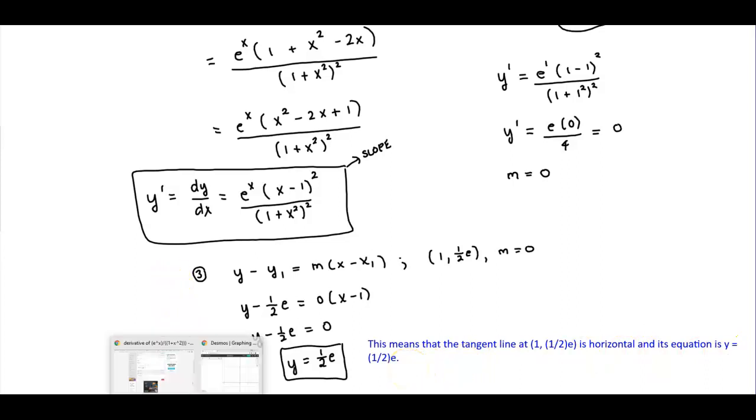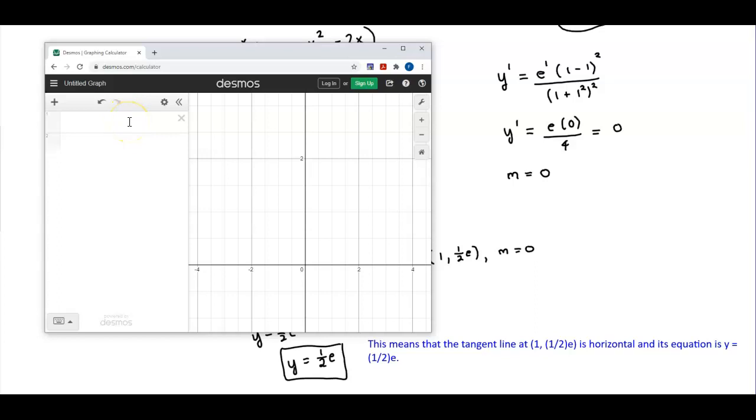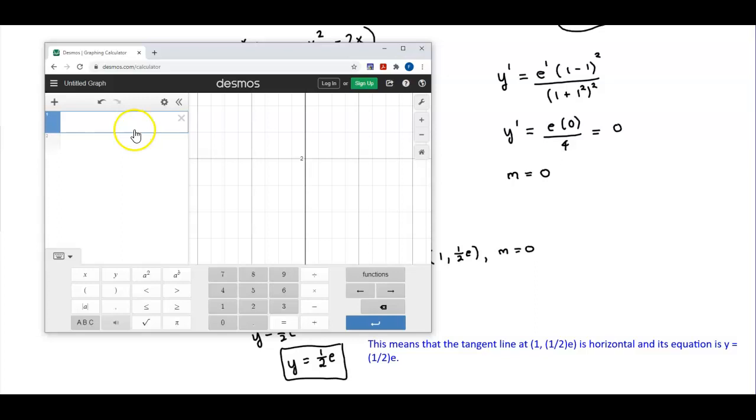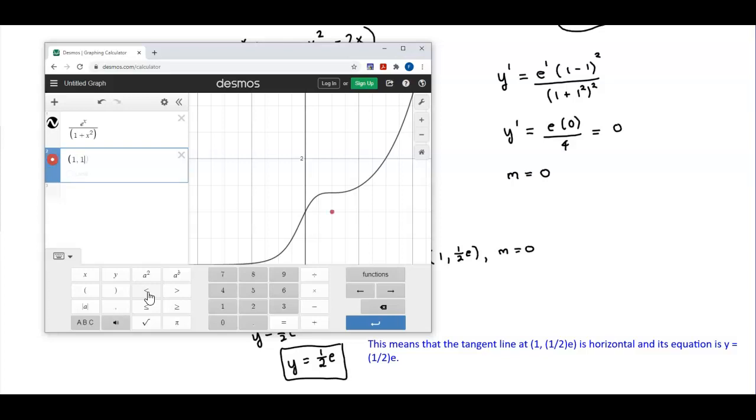So now let's graph the function and the line that is tangent to that function. So we know the function is e to the x divided by 1 plus x squared. Okay, now remember, it passes through the point at 1 and then 1/2 e.